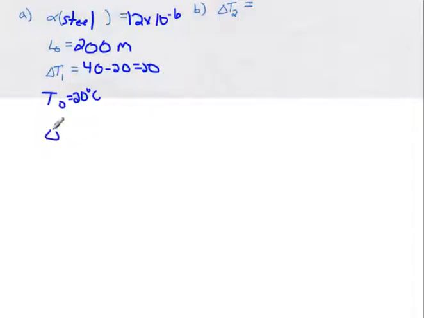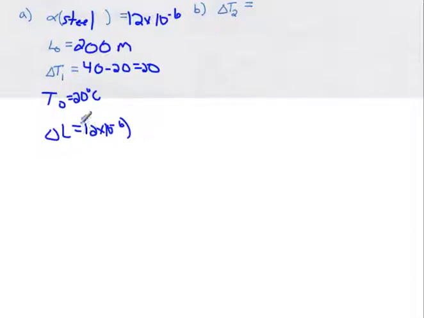So what happens if we plug into our equation? We get the change in length. So how much is that bridge going to expand or contract? If it goes from 20 to 40, it's heating up, so that means it should expand, right? So this is an expansion. So we're just going to follow the formula. Easy stuff. Pretty important, though.